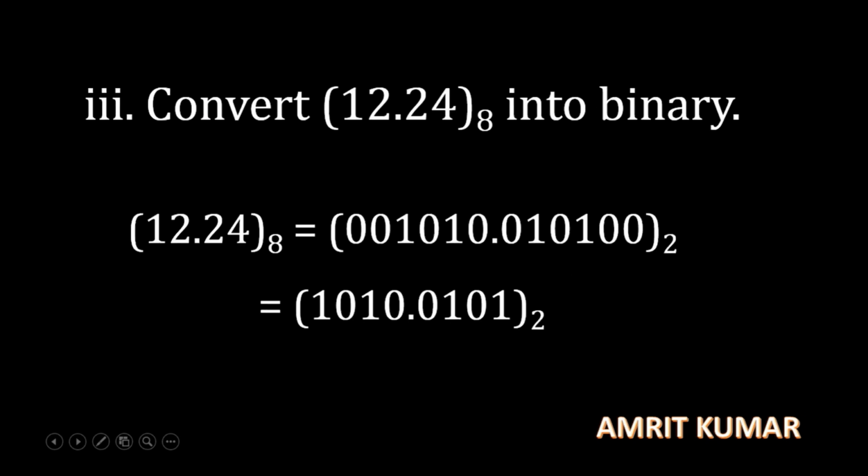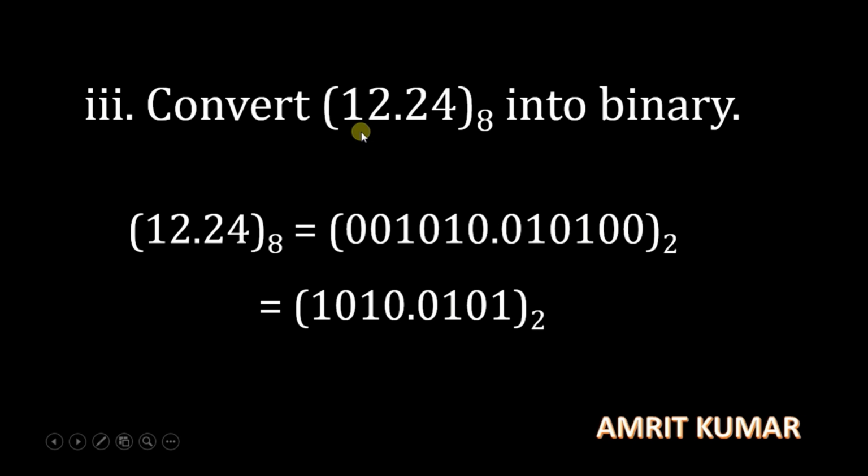So moving on to another example, we have to convert an octal value into a binary number. Because its base is 8, it is an octal number, and its range is from 0 to 7. You can see here that the digits are between 0 to 7.